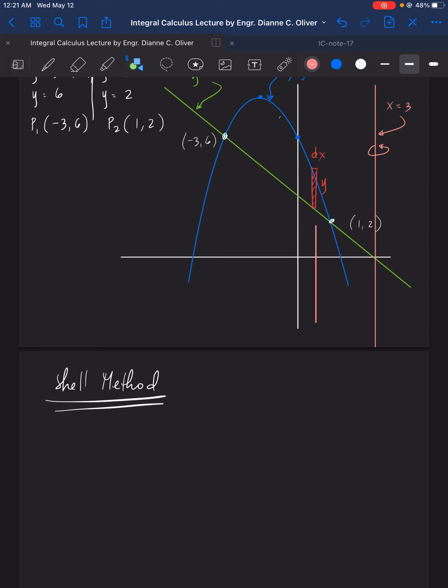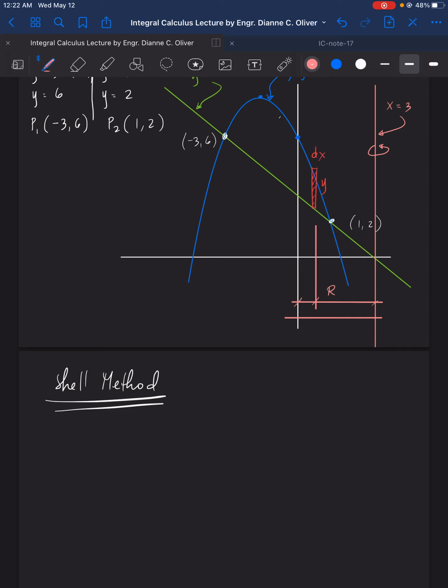So this is our radius. Let me explain what's going on here. This is the radius that we need in solving for the shell method.